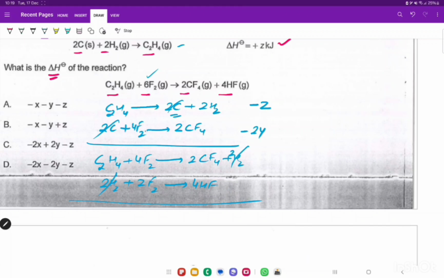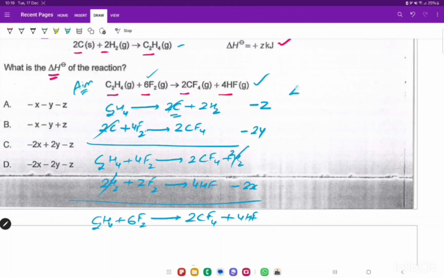The net equation will be C2H4 plus 6F2 gives you 2CF4 plus 4HF, which is my aim equation. I had multiplied equation number 1 by 2, so it will be minus 2X, and then add them all.